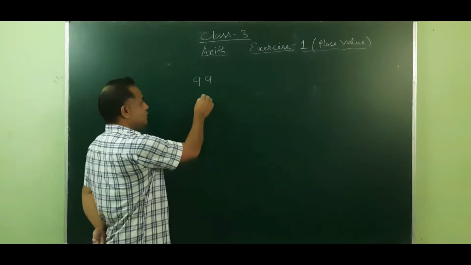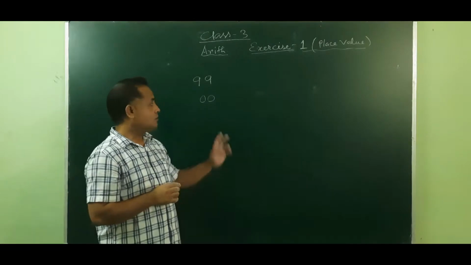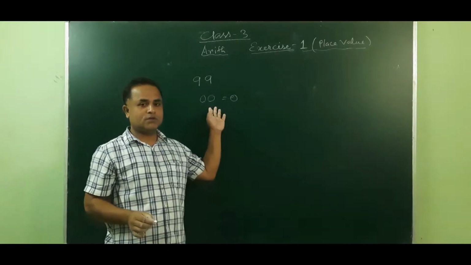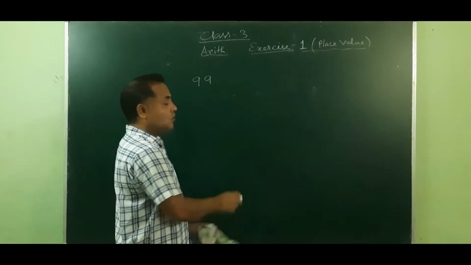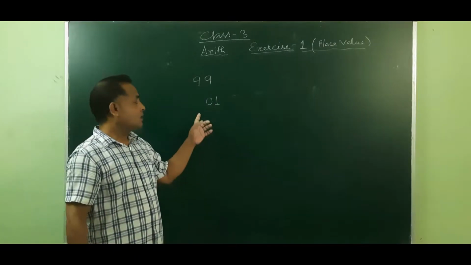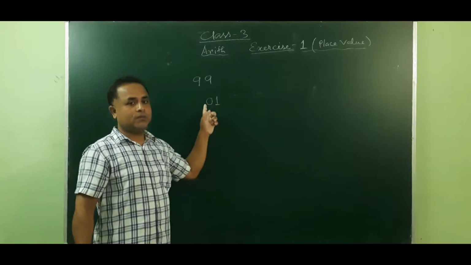Now smallest 2 digits: we cannot write 0, 0, because 0 and 0 is equal to 0. It is meaningless. Or I cannot write 0, 1 also, because sometimes the place value matters here.